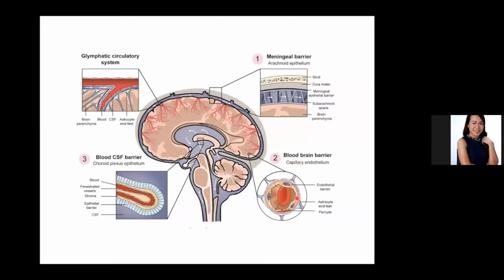Now, what comprises our blood-brain barrier? We have here the endothelial barrier. We have the foot processes of your astrocyte or the end feet and pericytes. When we talk about pericytes, class, these are multifunctional mural cells of the microcirculation. They are wrapped around the endothelial cells that line the capillaries and venules throughout the body.